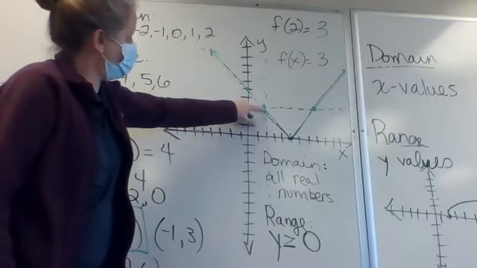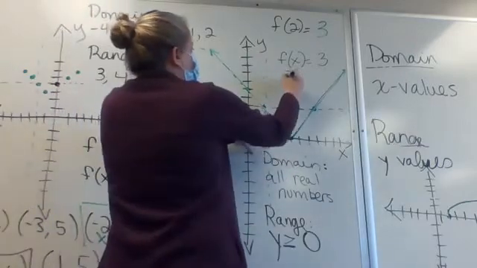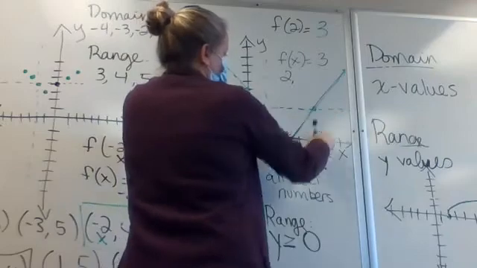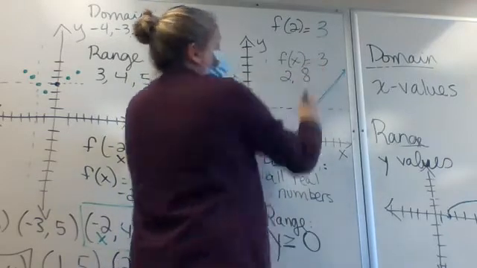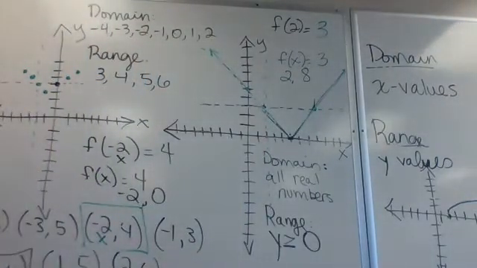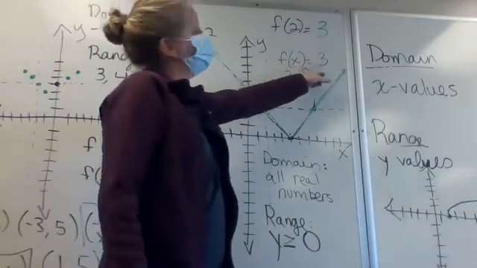What is this one's x? 2. And it crosses through another one. And again, 2, 3, 4, 5, 6, 7, 8. There's 2 points that would have a y equal to 3.